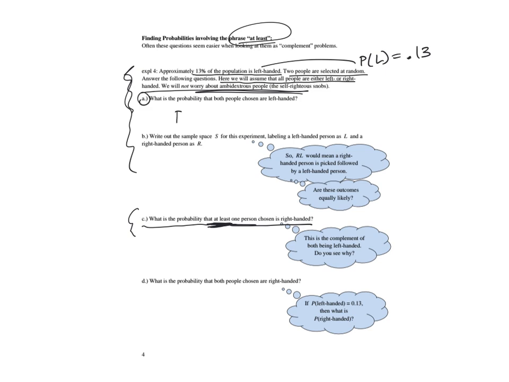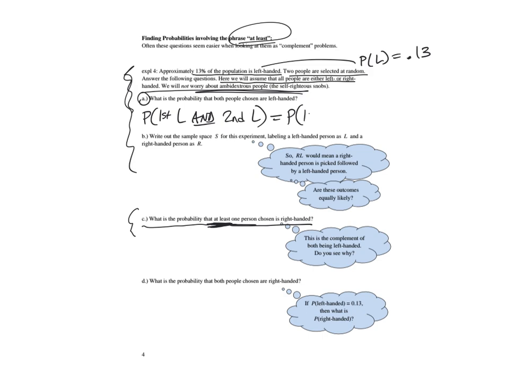Part A, probability that both people are left-handed. I'm going to write this explicitly because I think it's important. First is left-handed and second is left-handed, meaning the first person is left-handed and the second person is left-handed. Well, wouldn't those be independent?